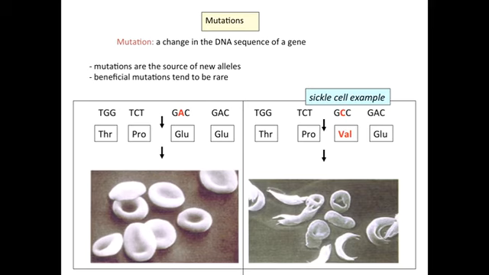Here we're looking at a single nucleotide change in the codon encoding glutamic acid. The A in the second position changes by mutation to a C, giving us valine, and that is very significant when we're talking about hemoglobin and the formation of sickled red blood cells and the disease or condition sickle cell anemia.